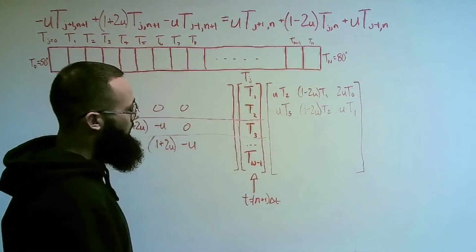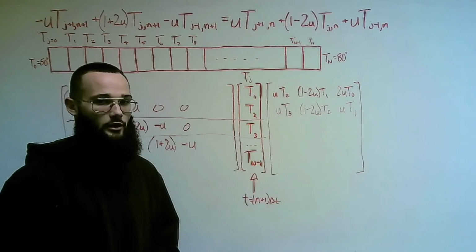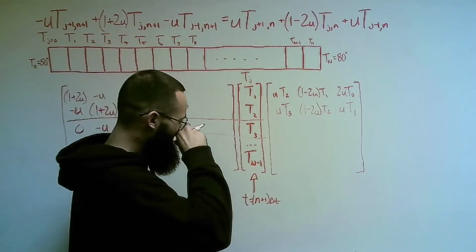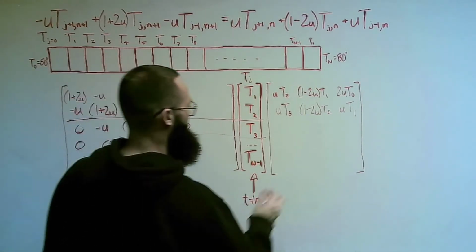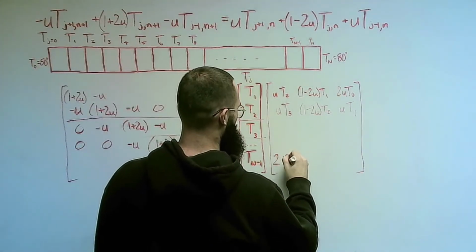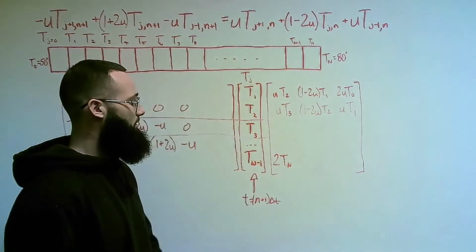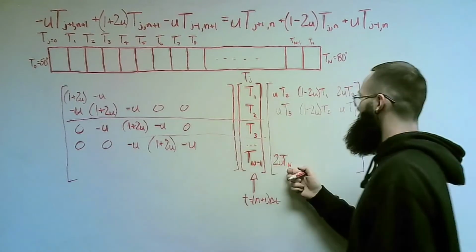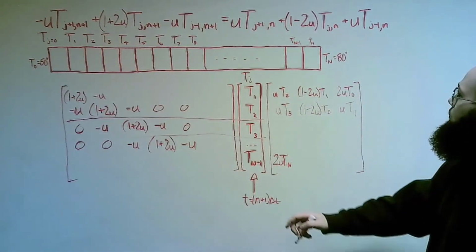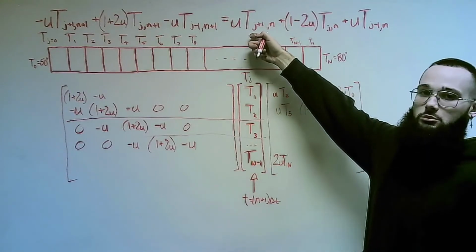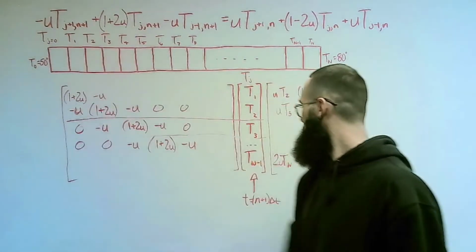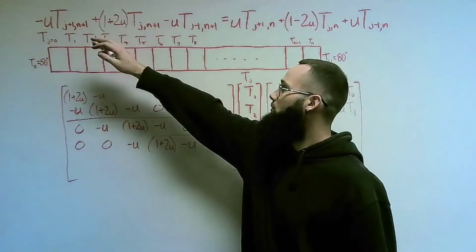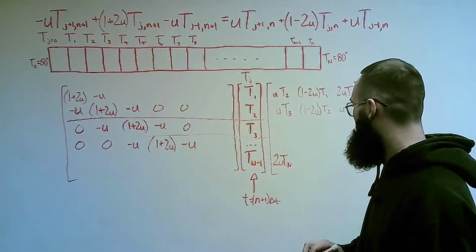And so now we want to look at what the right side is for Tn minus 1. Because, like for T1, we know some of the values for here. So at Tn minus 1, we know that this is going to be 2uTn, because we know Tn is always going to be 80. So we can move the Tn from this Tj plus 1 over to the other side and get 2uTn.